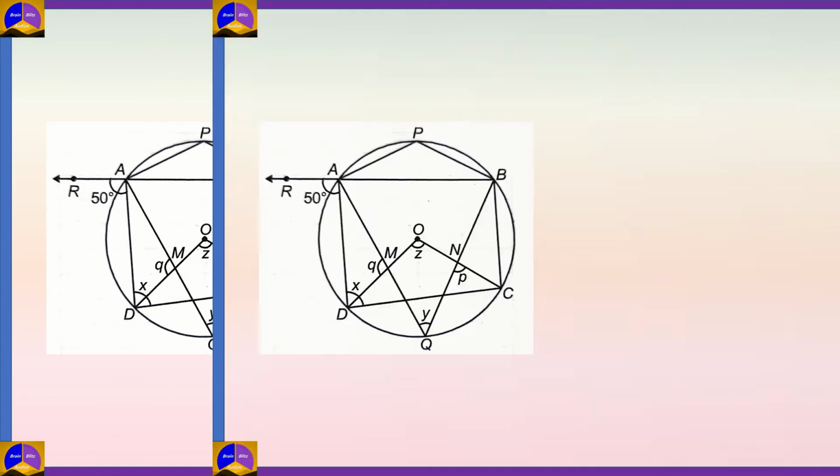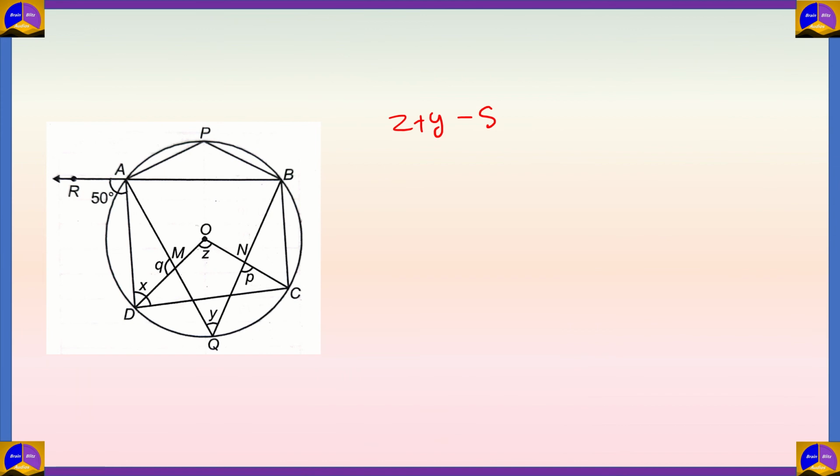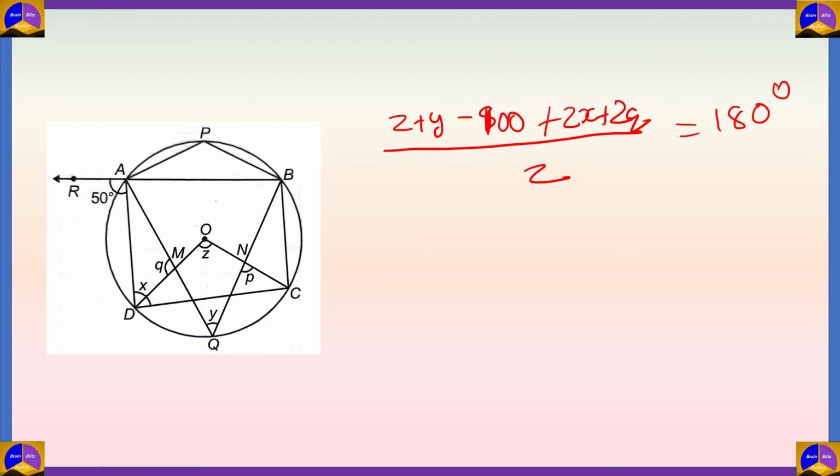So we get Z plus Y minus 100 plus 2X plus 2Q, the whole divided by 2, is equal to 180 degrees. Multiplying both sides by 2, we get Z plus Y minus 100 plus 2X plus 2Q is equal to 180 degrees into 2, which is equal to 360 degrees.